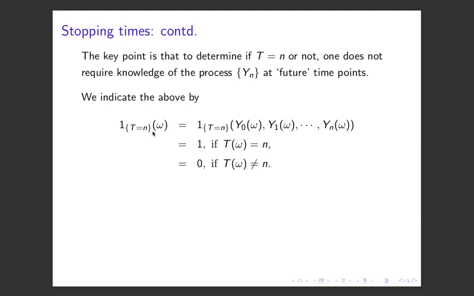So this function on the basic probability space omega is a function of Y1 to Yn and this indicator function on that. If T omega equals n, this is equal to 1, and if it is not equal to n, this is 0. This is the convention. It's a natural definition, as you can see in context.